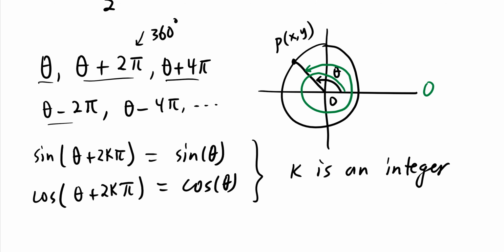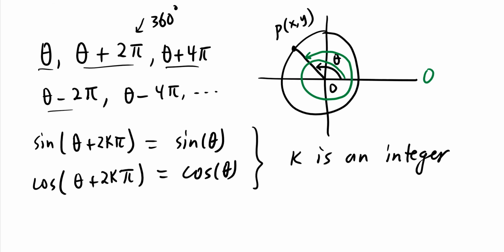Because that will generate all the angles for us, the theta plus 2 pi, theta plus 4 pi, and so on and so forth. So that motivates us to introduce a definition here.